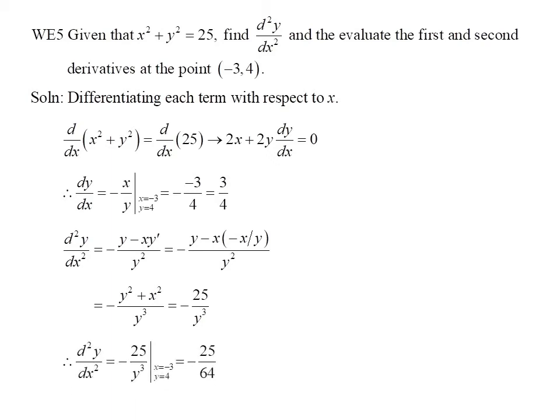Hence, the second derivative d squared y over dx squared equals negative 25 over 64 at the point x equals -3 and y equals 4.